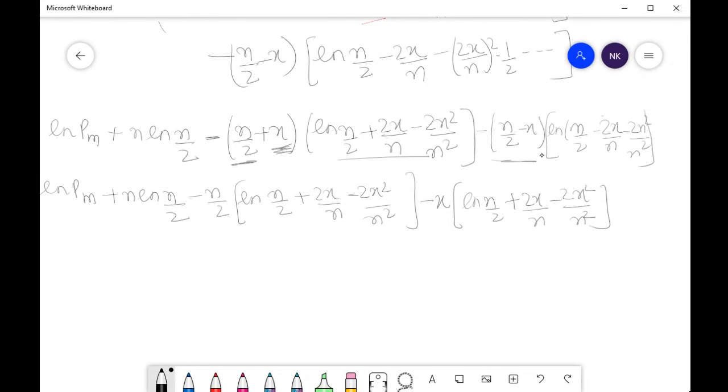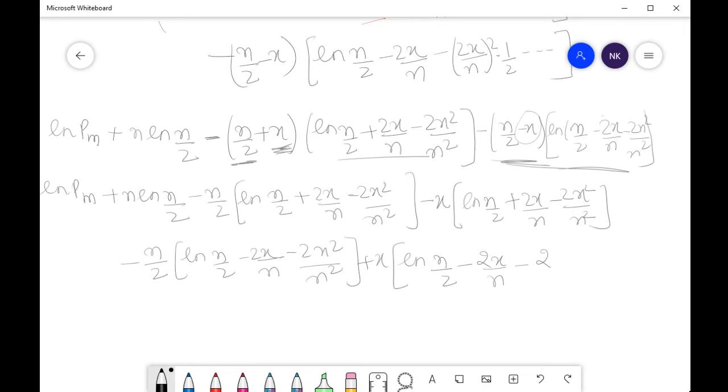Okay, then this particular term, and I'm getting n by 2 minus n by 2 log of n by 2 minus 2x upon n minus 2x square upon n square plus x. This is becoming plus x into log of n by 2 minus 2x upon n minus 2x square upon n square.